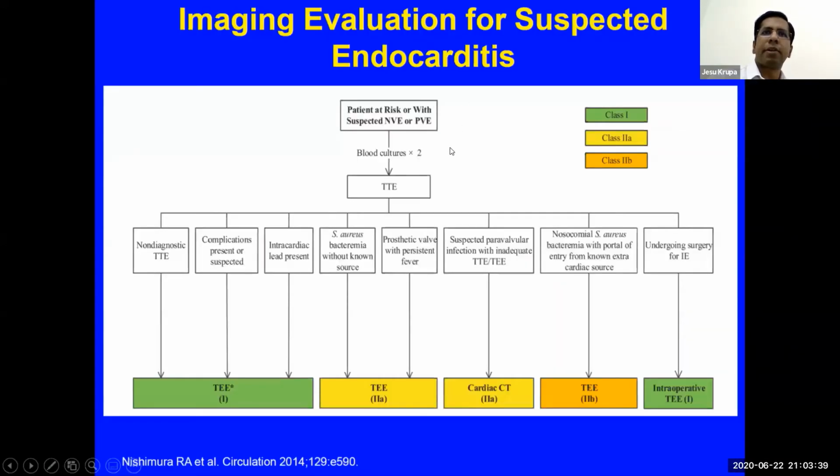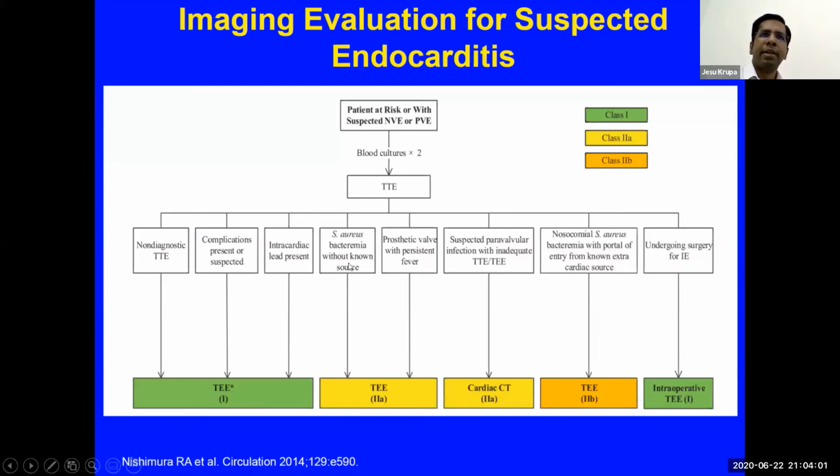Just this algorithm on the importance of TE in prosthetic valves. So these are all the different conditions where we might need to do a TE, like we did in this particular case: prosthetic valve with some fever, staph aureus. It could be nosocomial, especially if there is no known source.